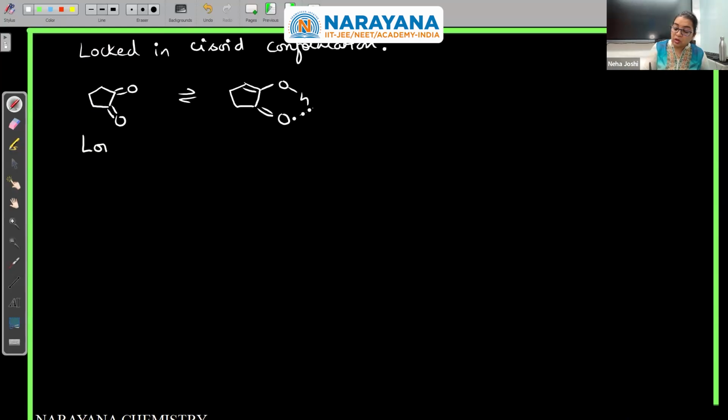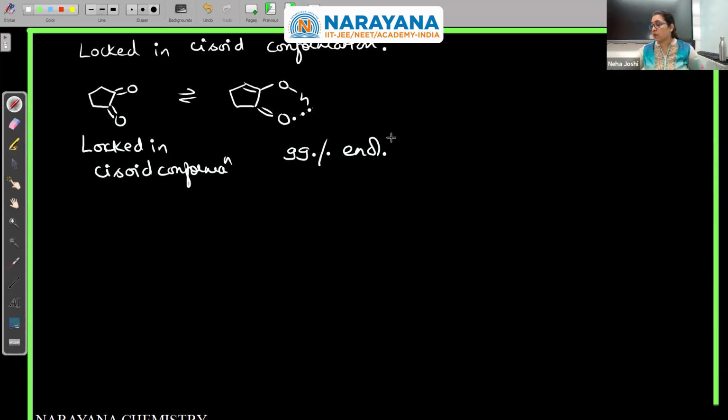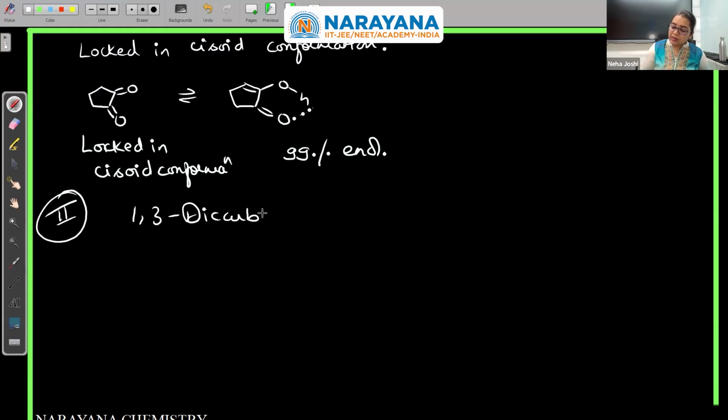And this is locked in cissoid conformation. Now here it is 99% enol. When it is locked, it has no choice. It will form only enol. That is the only choice. Second comes the 1,3 dicarbonyl. This I think all of you remember. Acetyl acetone is the case.